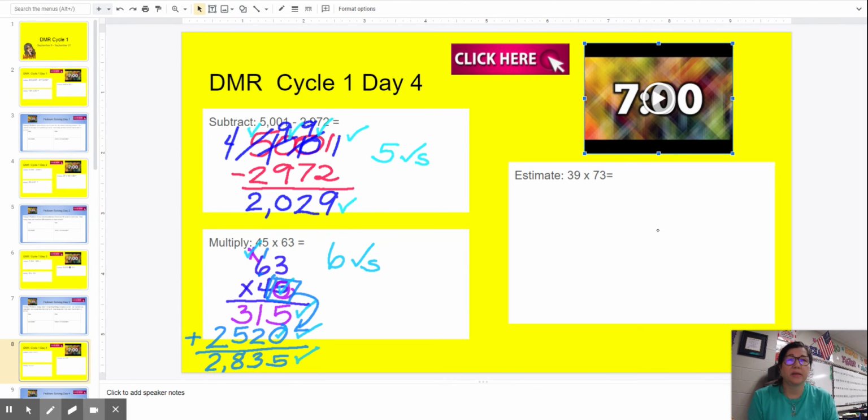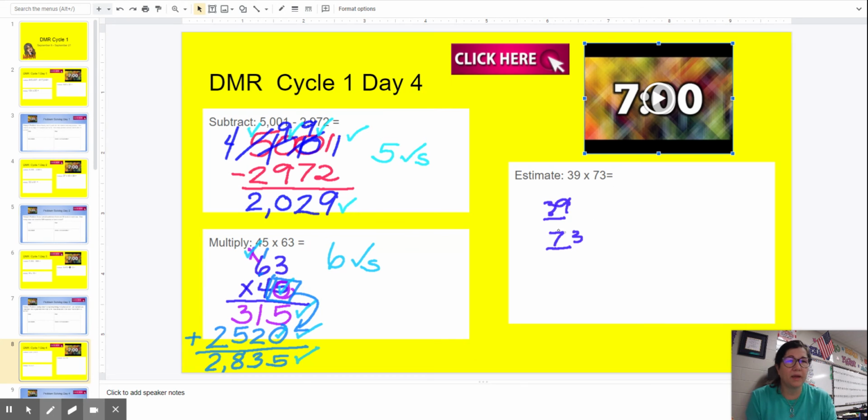Then we're going to estimate over here. Grab a blue. We've got 39 and 73. And again, I'm going to put the lower number on the bottom, higher number on top. So 39, 73.